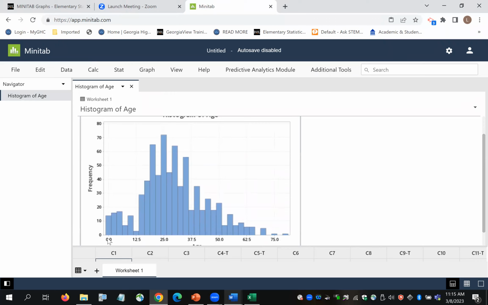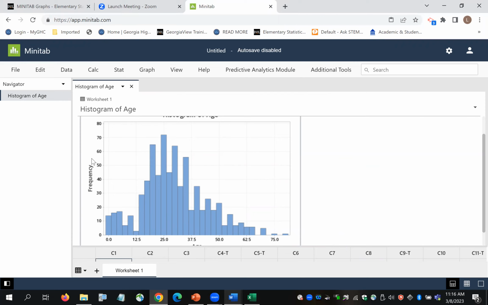Minitab uses the midpoint for each bar. It labels the axes. So my horizontal axis is age and the vertical is frequency.